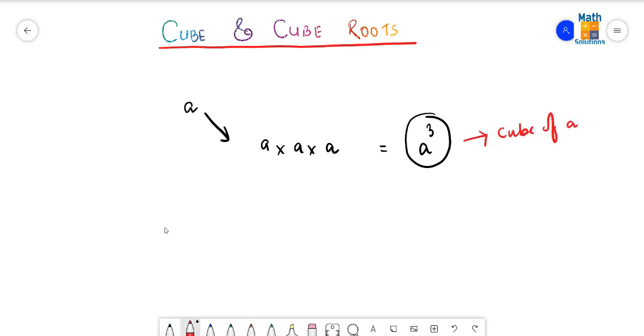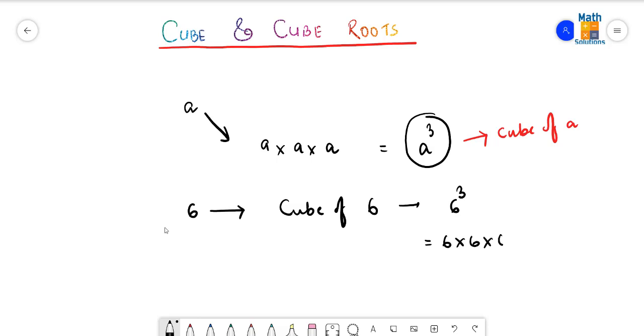Suppose, for example, I consider the number 6. Cube of 6 is what? Cube of 6 can be written as 6 cube. 6 cube means 6 into 6 into 6.